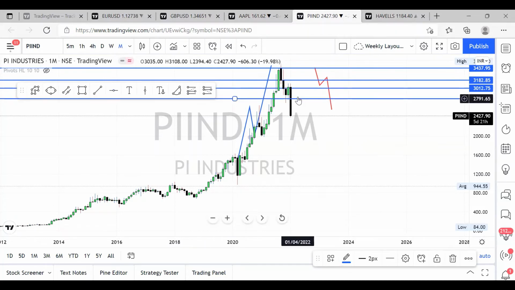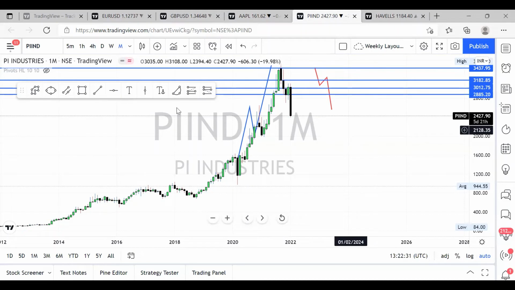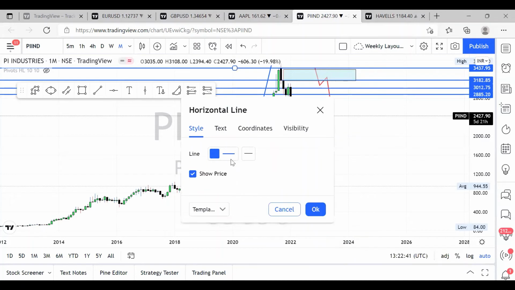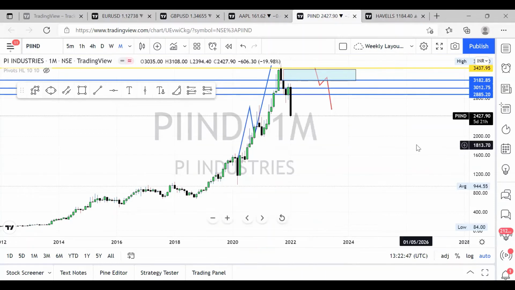All right, so here. Also, what I was going to say before is we've got a zone. So what that really means is this is supply and demand style trading.